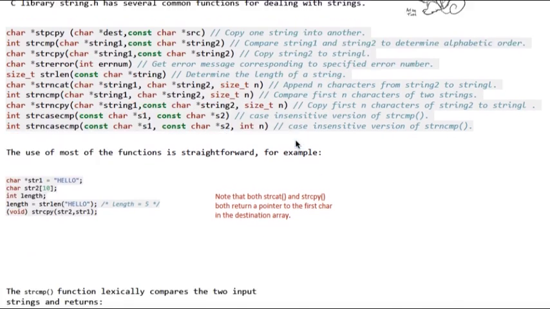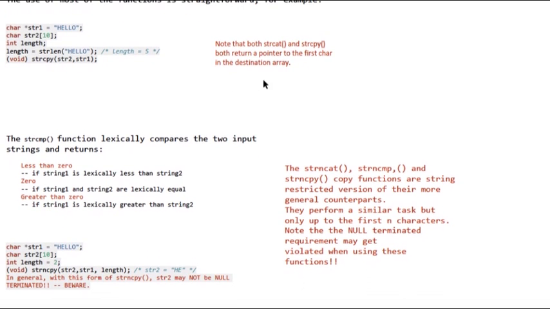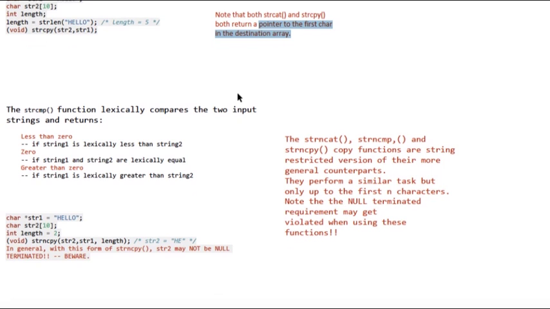For example, if we had two declarations like this, and we call the function strcpy, we will copy string 1 to string 2. Note that both strcat and strcpy return a pointer to the first character in the destination array.